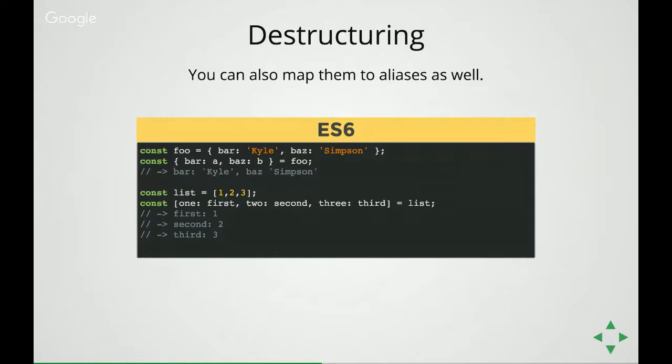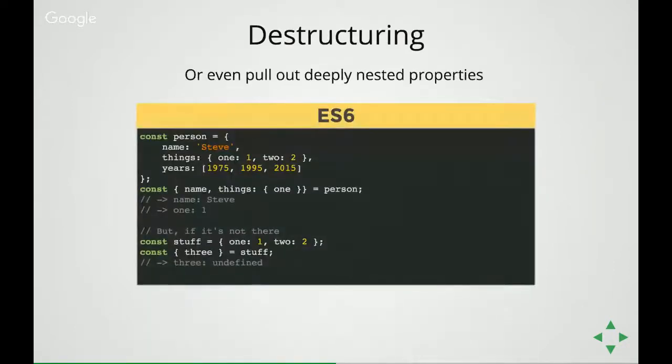Well, I think the next thing that we're going to talk about might actually be the reason that affected that, right? So, pulling out deeply nested properties from objects. We can actually not just destructure a single level object with the top level properties, we can go and hit nested properties as well. If we look at the object that we've got here, it's got a string, it's got a nested object called things, and it's got a nested array called years.